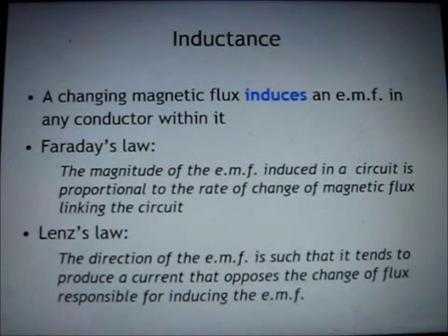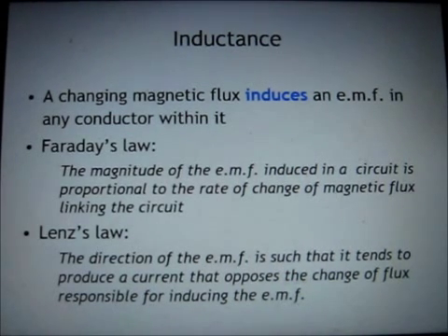Now, inductance. Inductance is a term related to inductors, in which an EMF or current is induced from one part of the coil to another part. A changing magnetic field induces an EMF, meaning it generates an EMF in any other conductor within it. In the previous video, we learned about Faraday's law and Lenz's law. Again, I want to recall them. The magnitude of EMF induced in a circuit is proportional to the rate of change of magnetic flux.